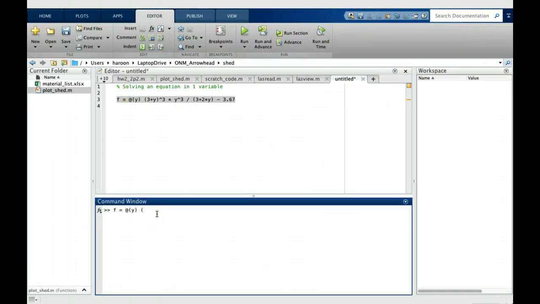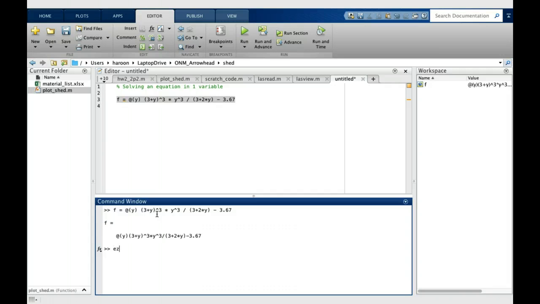So (3 plus y) cubed times y cubed divided by (3 plus 2 times y), and then we subtract 3.67 out of it. I've rounded to 2 digits, and this gives us the equation.